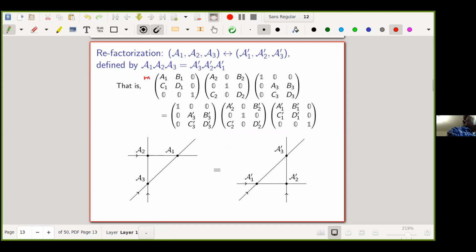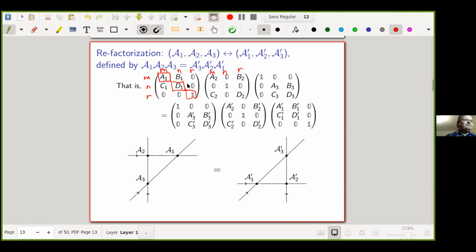Let the sizes, dimensions of these blocks be like this, M and R, for instance, and everywhere the same. So these diagonal blocks are square, and non-diagonal blocks are either square or not. That doesn't matter.